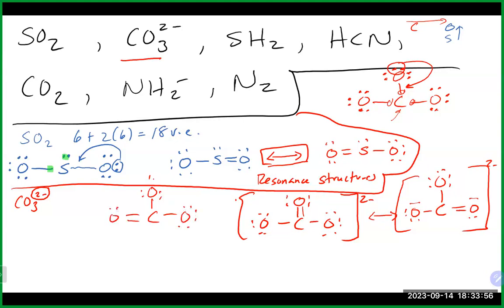Double bond over here. So these are actually 3 resonance structures that you could draw for carbonate.